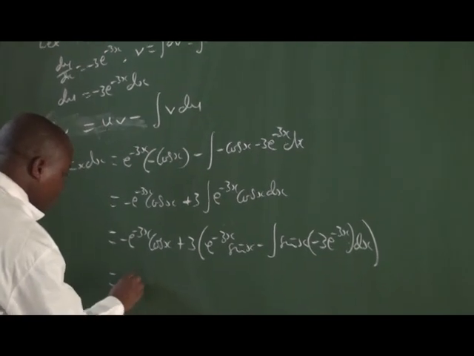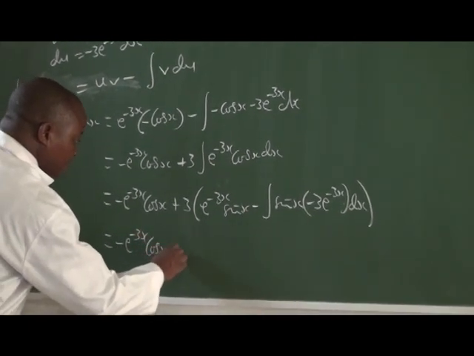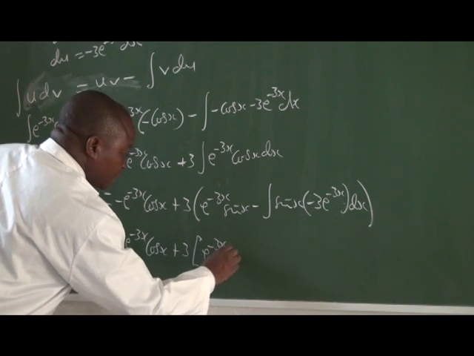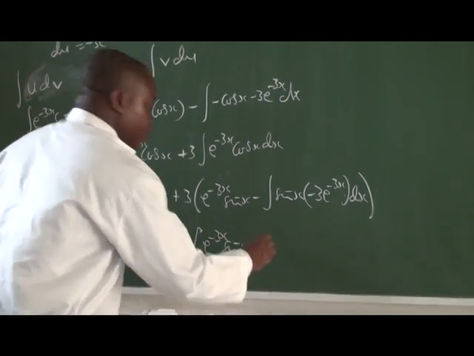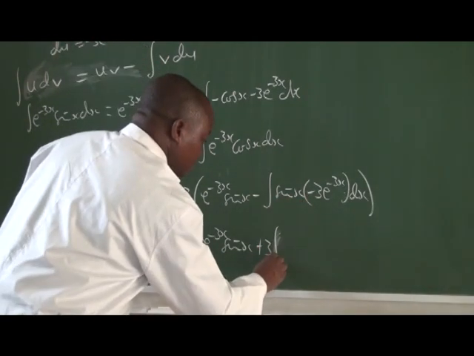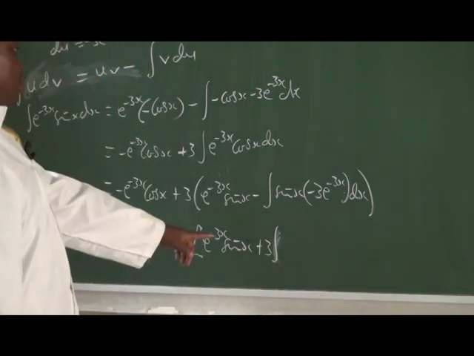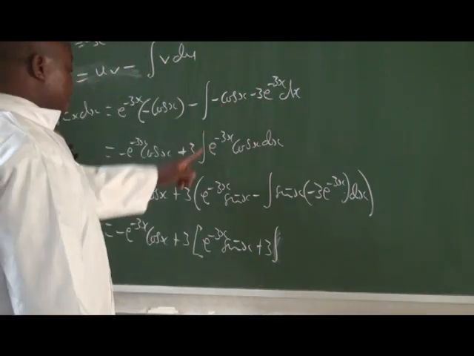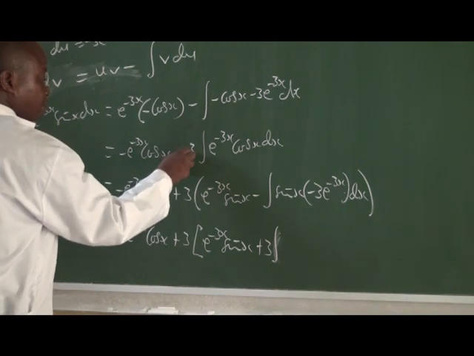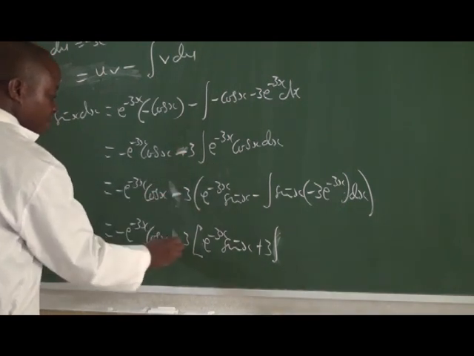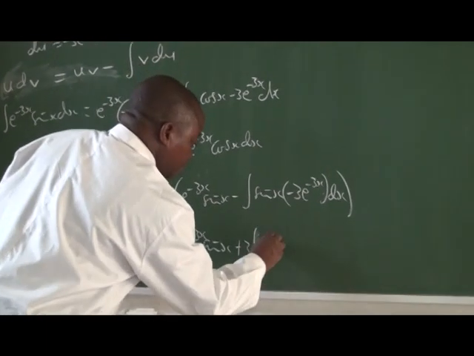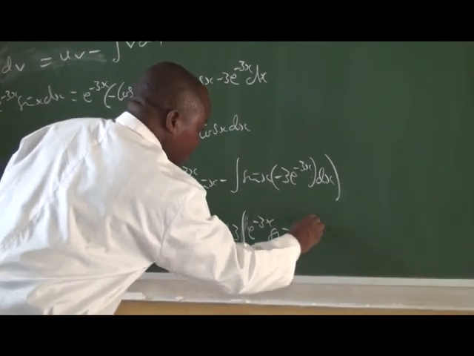So this will give us minus exponential minus 3x cos x plus 3, then exponential minus 3x sine x plus 3 times the integral. Okay, this place is minus 3, because there is minus minus here, which is plus. Then here make it minus. Then here is plus, then we have exponential minus 3x sine x dx.